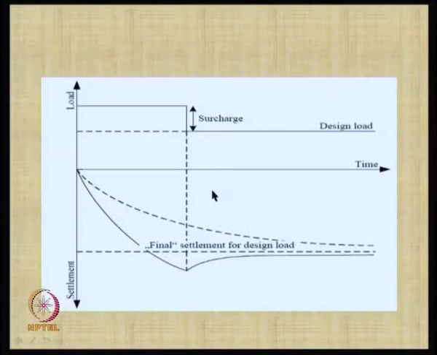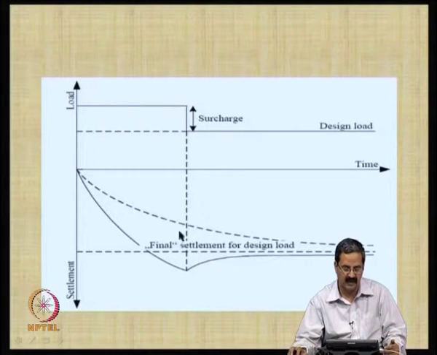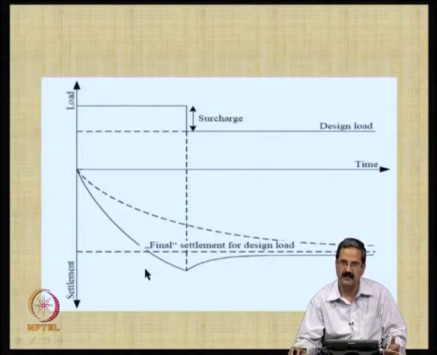So, as I just mentioned, the advantage of preloading or any of these techniques is that we try to accelerate the process of consolidation into a very short time, say maybe less than a year, so that the subsequent settlements are going to be minimal. Like this is the final settlement for the design load.